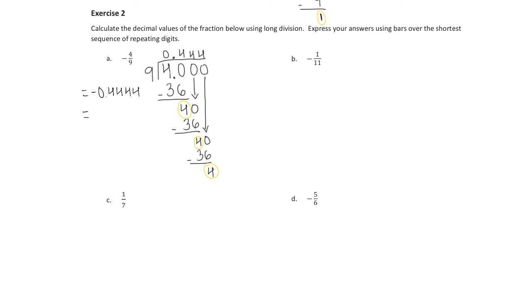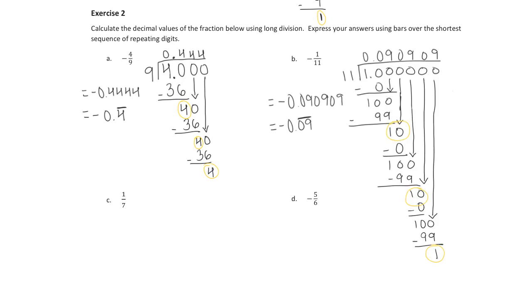And the way that we're going to write that is negative 0.4 repeating. That way we don't have to write an infinite number of 4s. Go ahead and pause the video to complete B. Then play the video to check your answers.